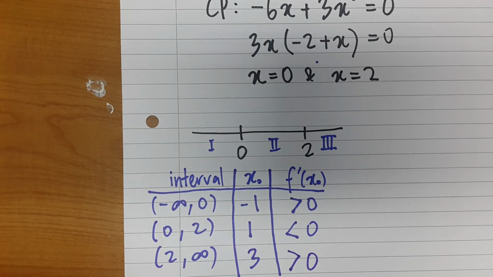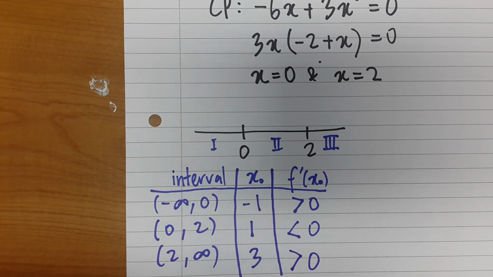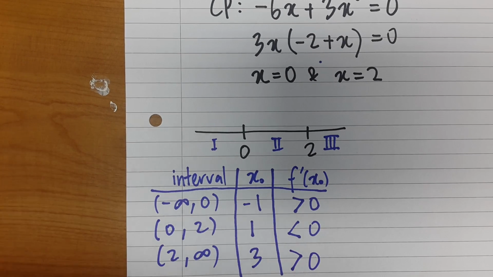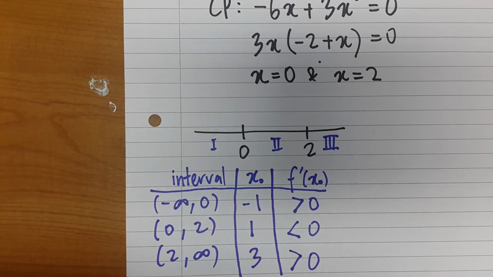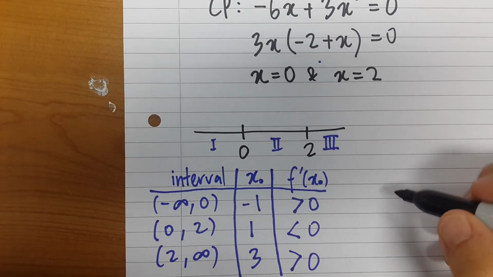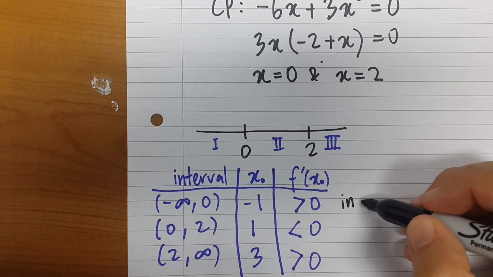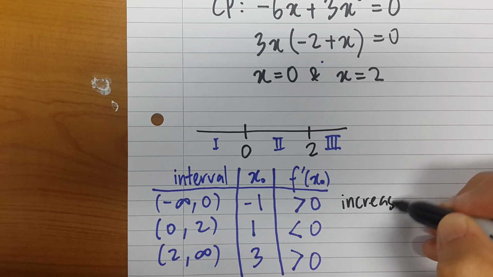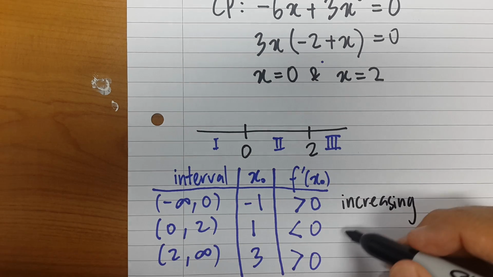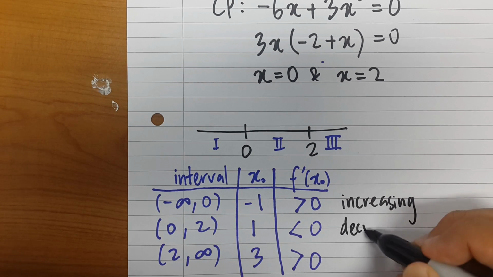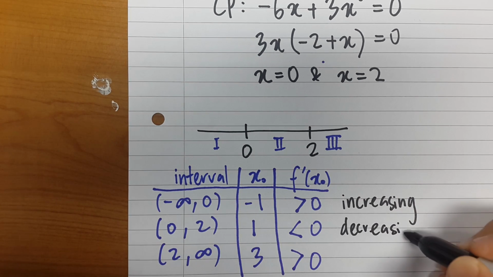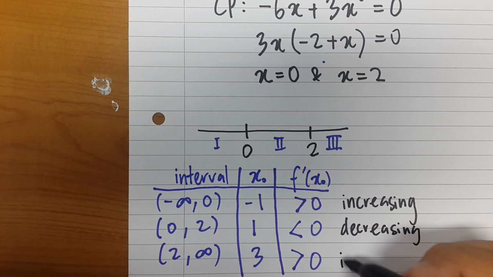So based on our explanation just now, a positive f prime means the graph is going upward, or increasing. So right here, this is increasing, this is decreasing, and again increasing.